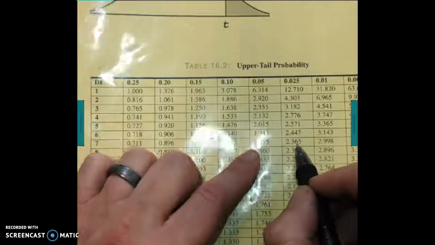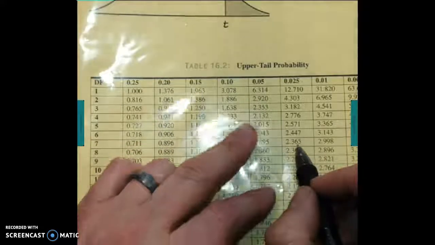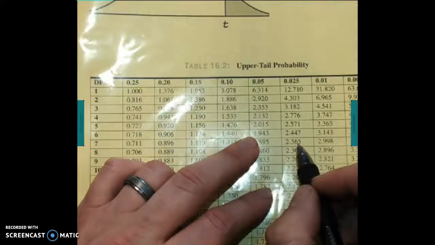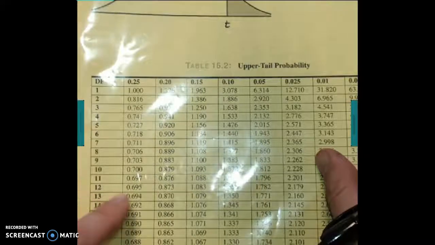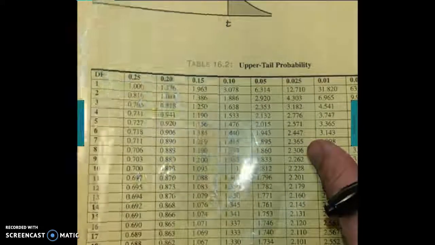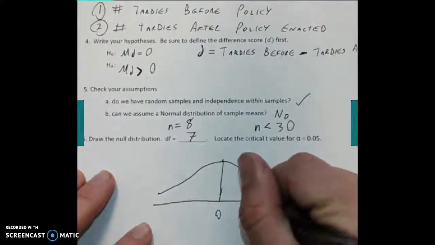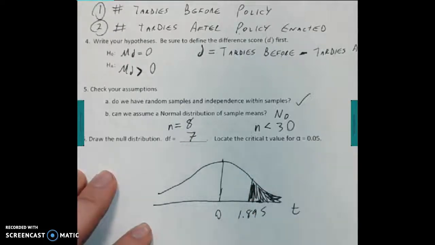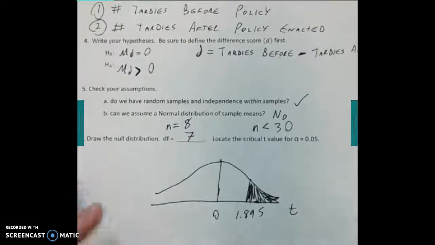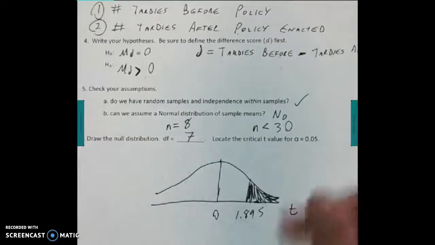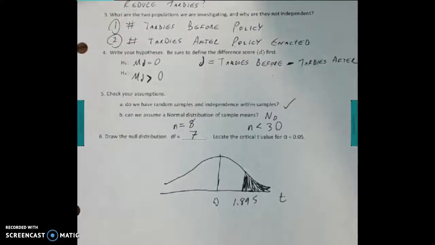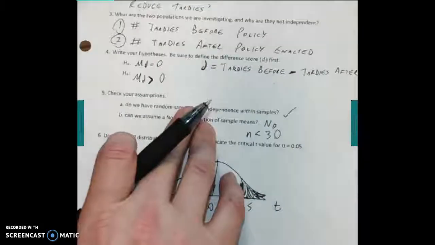But since the mean difference is greater than, that's one-tailed, so that's 1.895. So any t-value greater than 1.895 is going to be in the rejection region. Anything less than that is going to be in the fail to reject region.